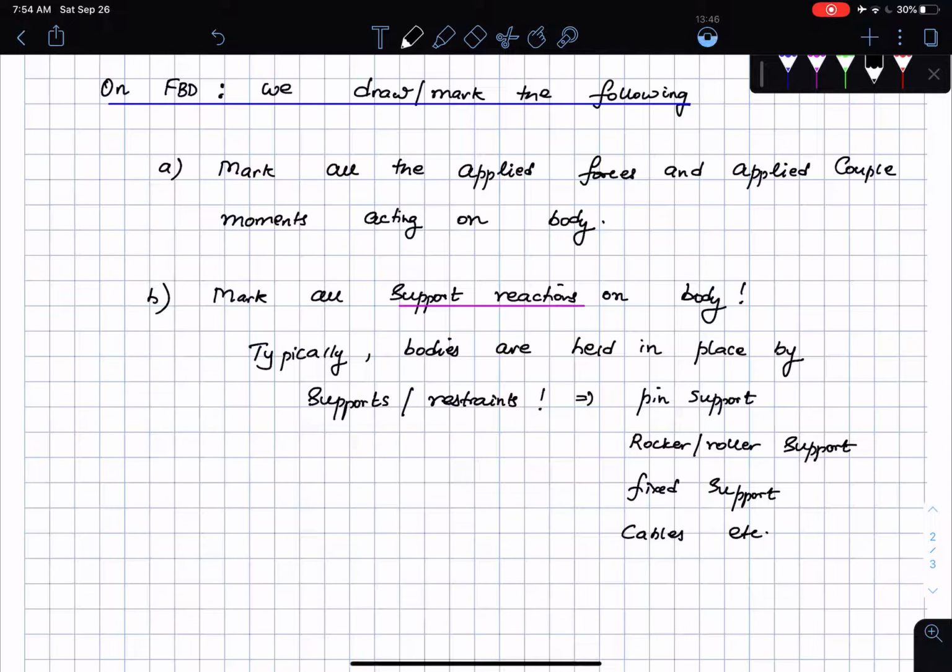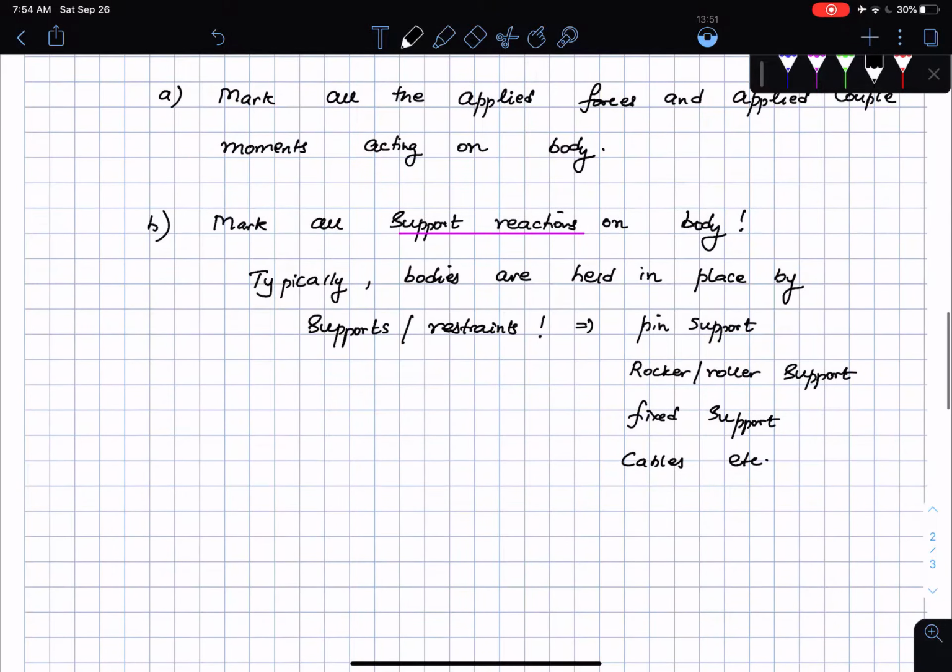These are the different types of supports that we typically see. So typically bodies are held in place by the supports. So when you draw the free body diagram, you do not draw the support, but you draw the effect of the support.